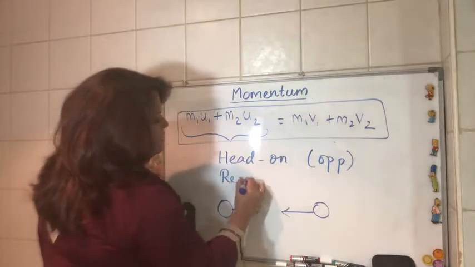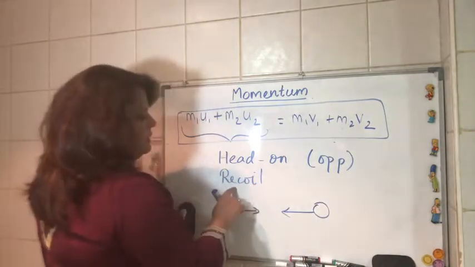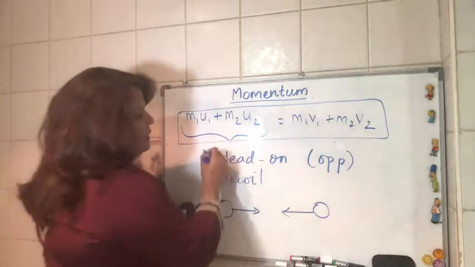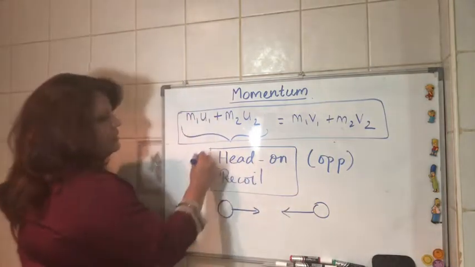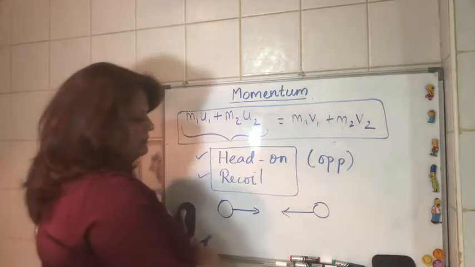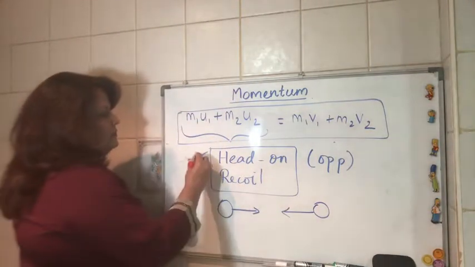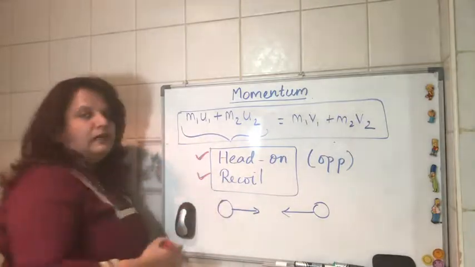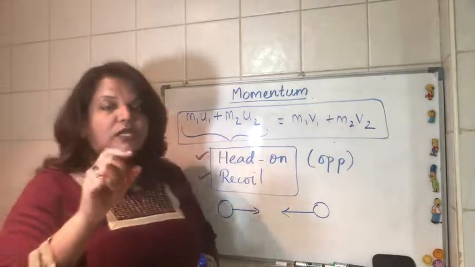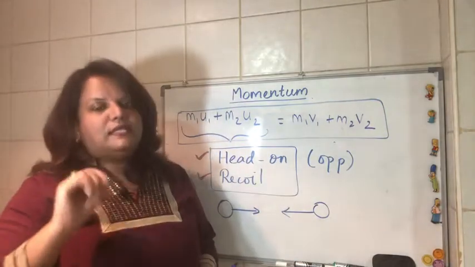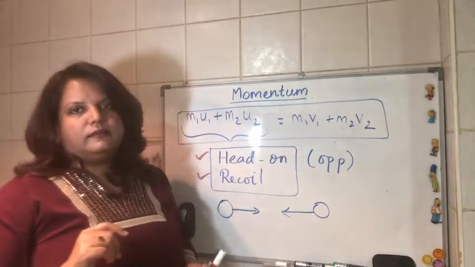The term recoil is also important, where the same object itself will be moving in the opposite direction. So you have to look for these key terms in the situation that you are analyzing. Recoil and head-on collision, where the directions may not be specified, but you will have to interpret it correctly and apply it.